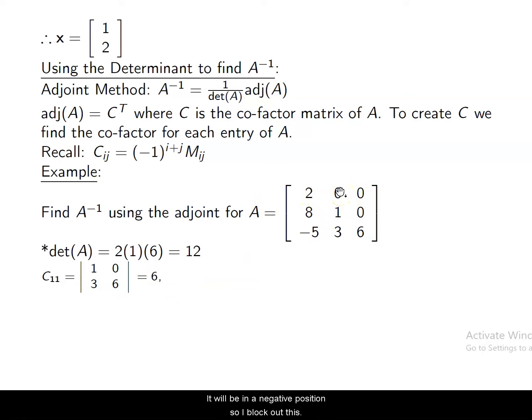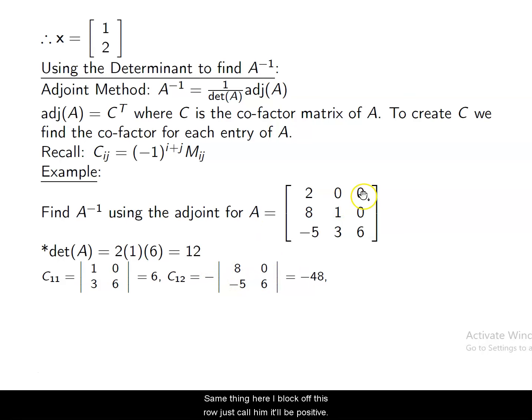Here it will be in a negative position, so I block out this row, this column, and my submatrix is 8, 0, negative 5, 6. It'll be multiplied by a negative, so I have 48 minus nothing, which ends up being negative 48.